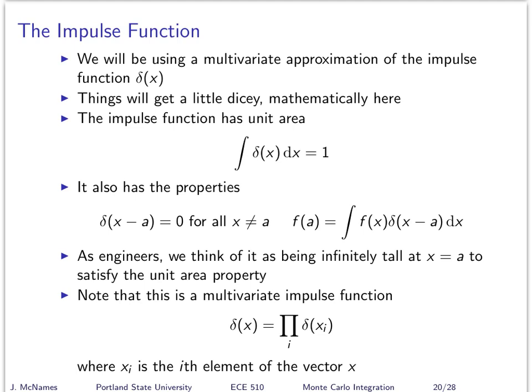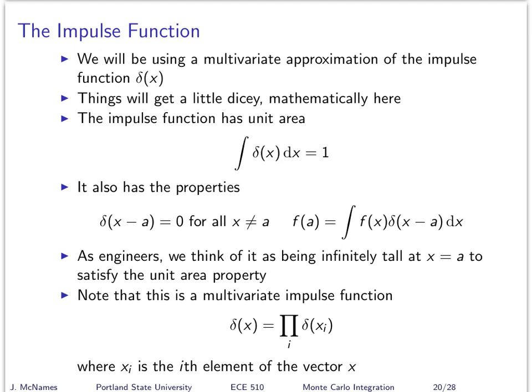We're going to be doing something crazy and something that we really have no business doing because our mathematical backgrounds are not deep enough. We're going to be using our friend, the impulse function, that you learned about as undergrads from an engineering perspective, that makes mathematicians cringe.